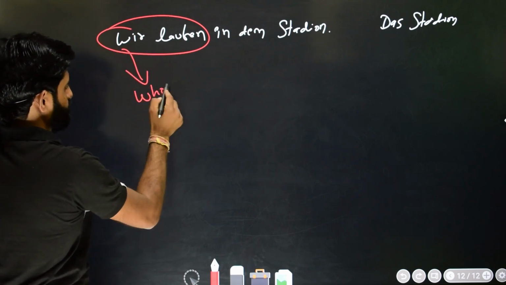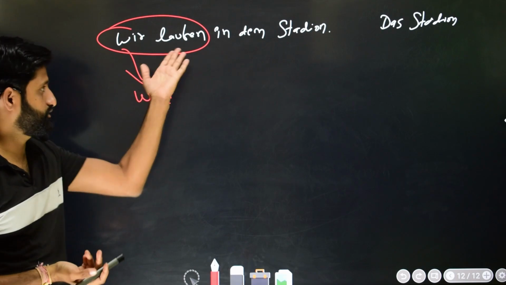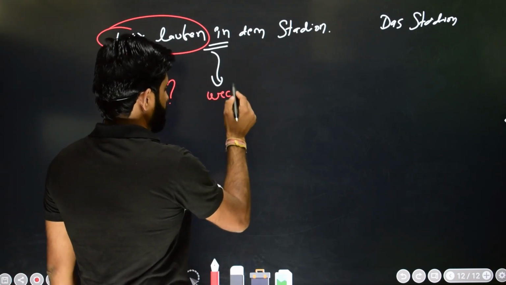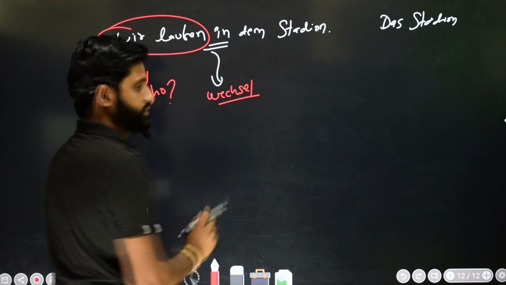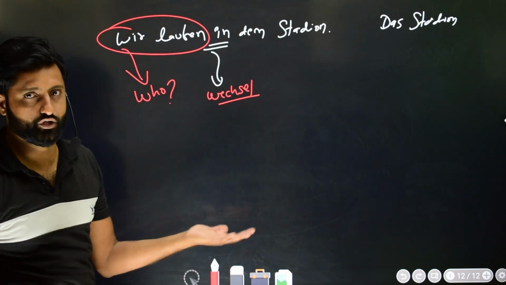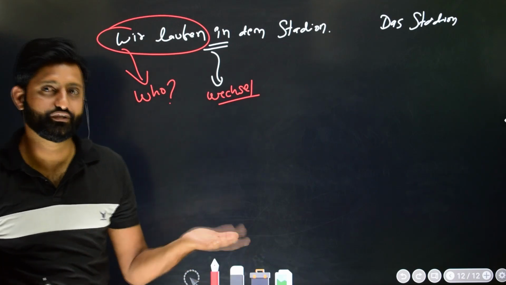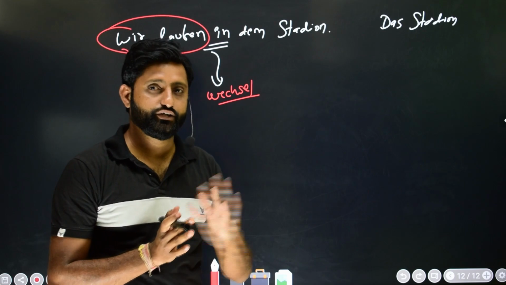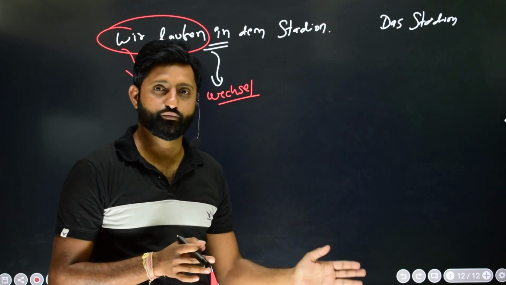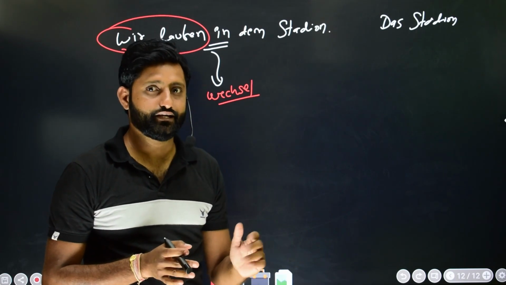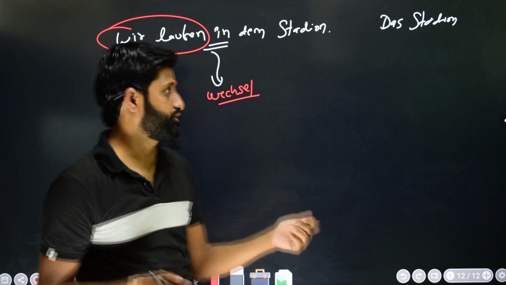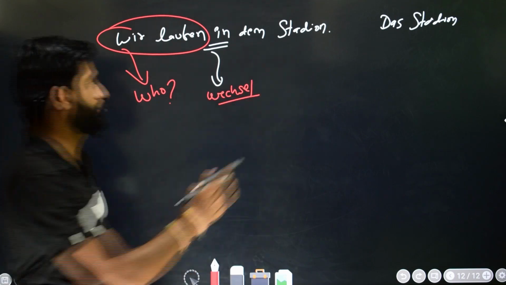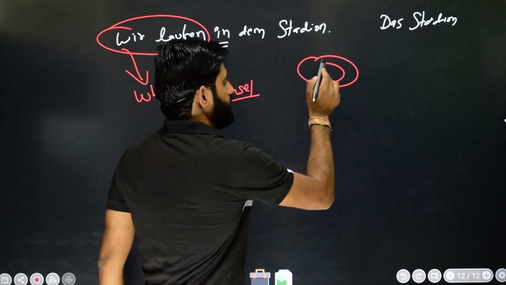So let's break the sentence. Who is running? We are running. That is the reason nominative. What is this in? Wechsel preposition. Now what will happen for the Wechsel preposition? We need to apply the rules. If there is movement, accusative. If there is no movement, dative. If movement is there but in a fixed area, then it will be dative. So which rule are we applying over here? Movement is there but in a fixed area, because the stadium is a fixed area and we are running in the stadium.